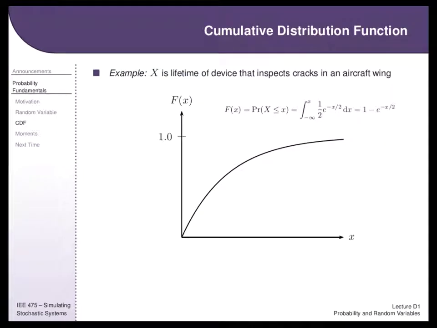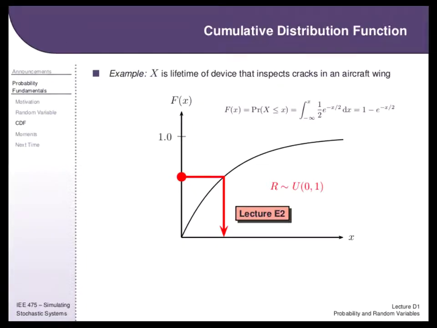Similarly, here's the CDF for an exponential. The exponential, remember, has a ski slope sort of shape like that. If I integrate under that, it ends up having this decaying shape like this, 1 minus e to the minus x with a constant out. And similarly, if I were to draw a random number and put it on this axis and then see what it maps to on this axis, I can take something that's drawn uniformly between 0 and 1 and translate it to something that is drawn according to this exponential.